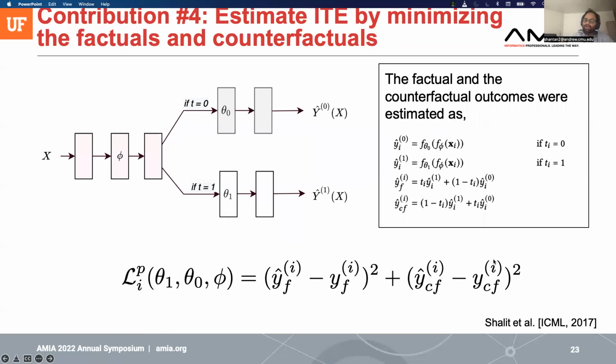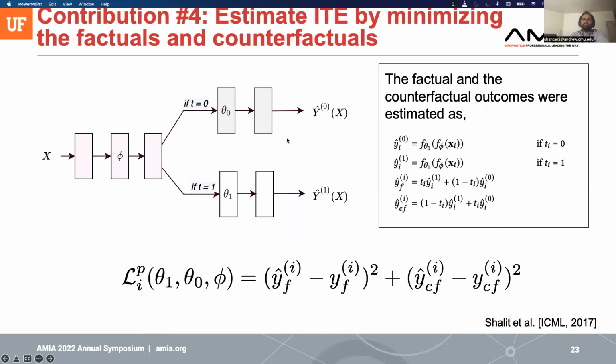Once we learn the counterfactual outcome from the GAN, we append that counterfactual outcome to the tuple X, T, and the factual outcome, and we use a downstream TARNet model to estimate the ITE.